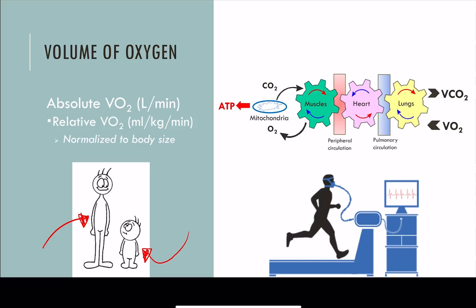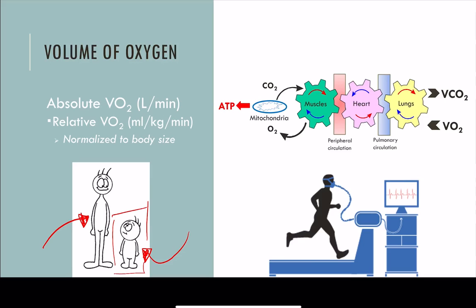By normalizing it to their body size, we're really actually thinking about the utilization of that oxygen, because this little guy over here has much smaller body to deliver that oxygen to, and so his requirements will be different. If we make the measurement relative to their body size, then we can compare their utilization of oxygen between the two to measure fitness and health and a number of things.